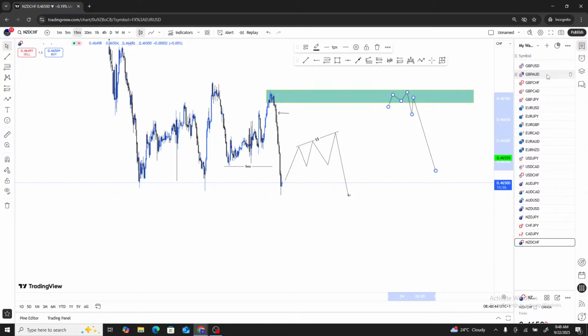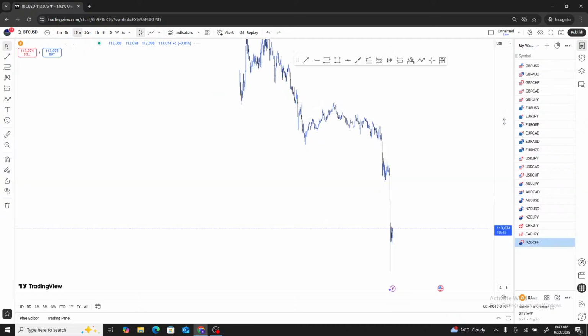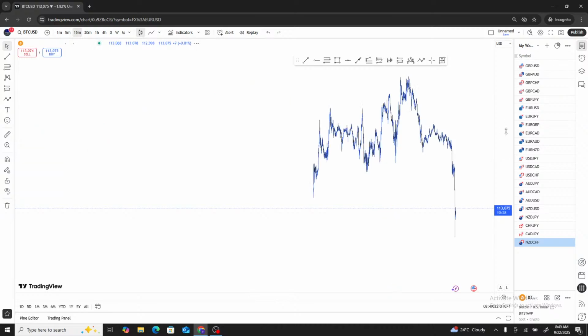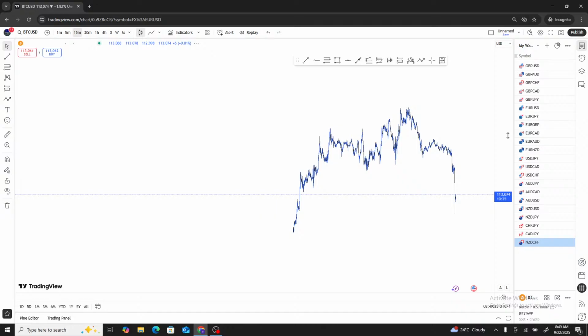You know, Bitcoin has been on the bullish side for quite some time now, and right now it looks like it's selling massive. Okay, so it is on the sell side right now.